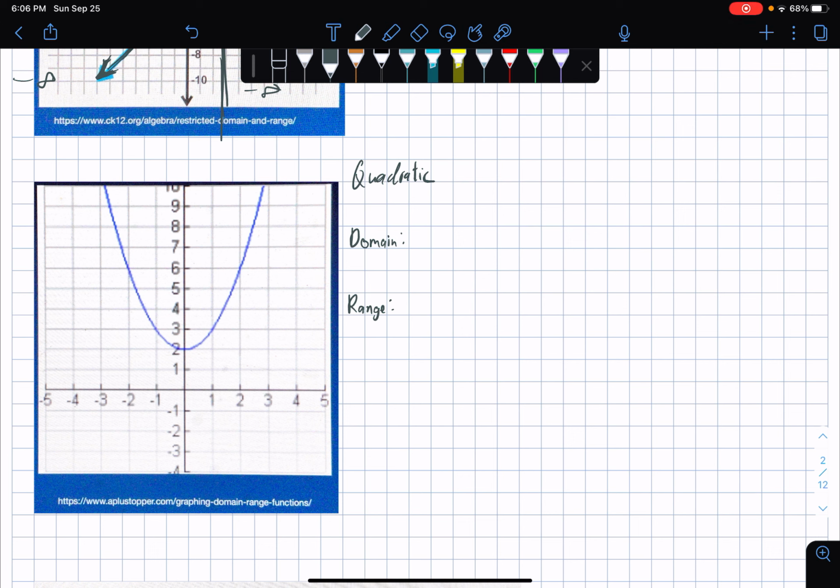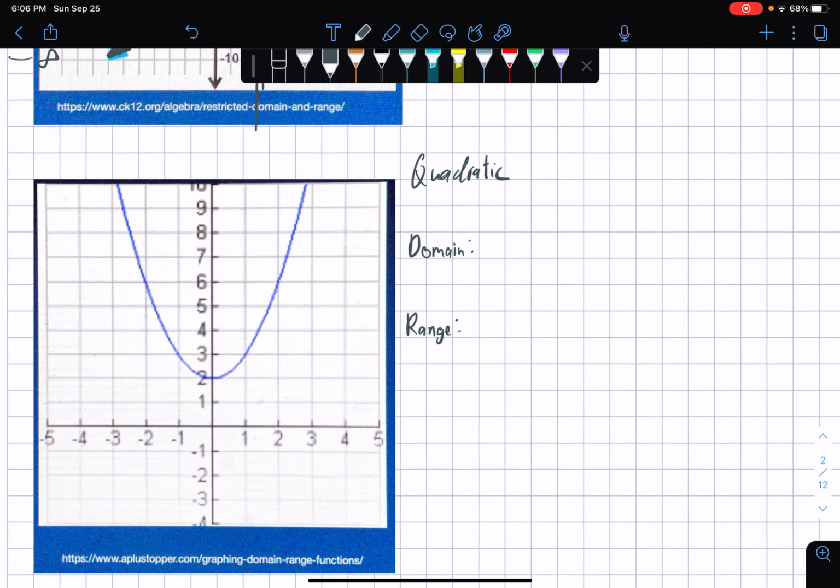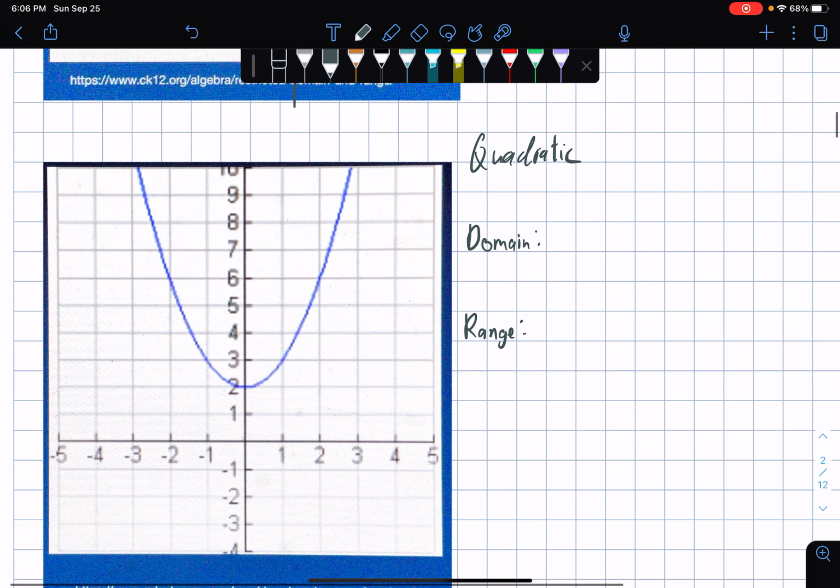All right. So for the domain, we know that these two arrowheads will never end in terms of distance. So for domain, from very left to very right, we know that it's negative infinity all the way to positive infinity. Or in other words, the domain is the set of all real numbers.